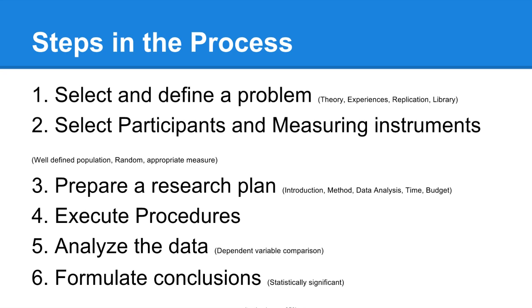And to formulate conclusions is a process that requires statistics, because you could have a group that scores 27 in your experimental group and a group that scores 25 in your control group. How do you know if that's really statistically significant when the difference is small?